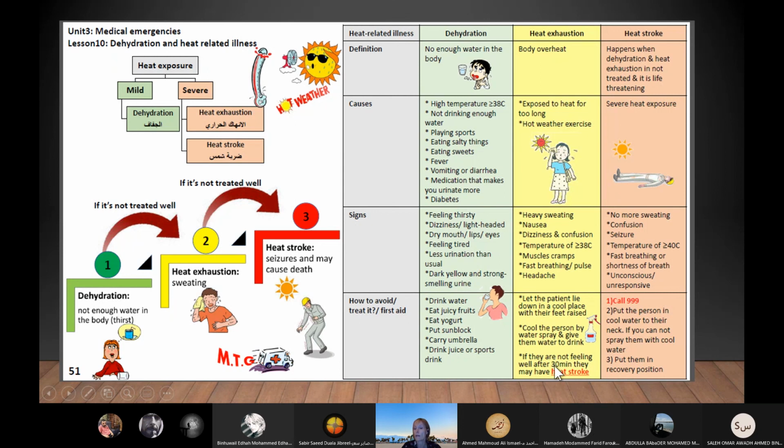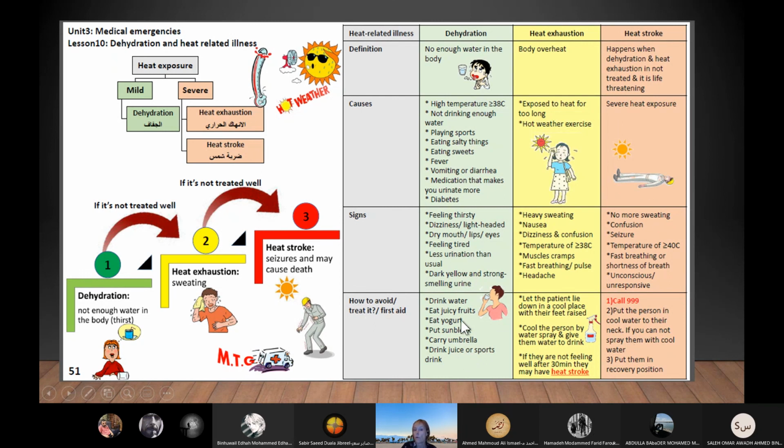And if they're not feeling well after 30 minutes, then they probably have heat stroke. So this means that they could potentially have a seizure. Their body temperature is over 40, and they may become unconscious or unresponsive. Okay, so definitely call for emergency, and even put them in cool water if you can.